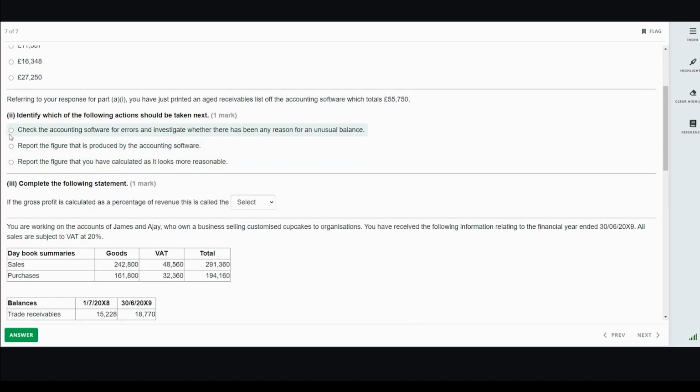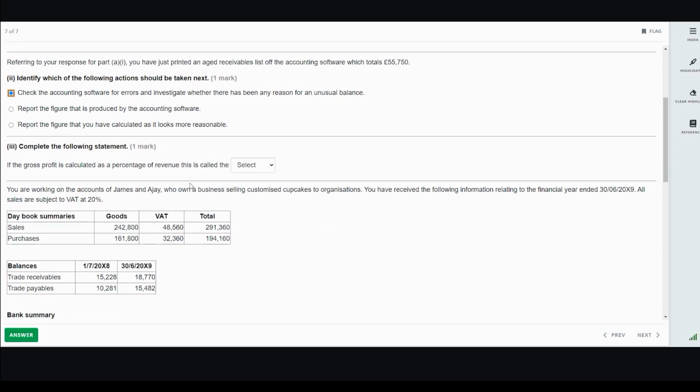Well, the one you've got to do is look for any errors and investigate why the balance is so different. There could be something that has not gone through, or some receipts have been received from customers and not recorded in the accounting software.